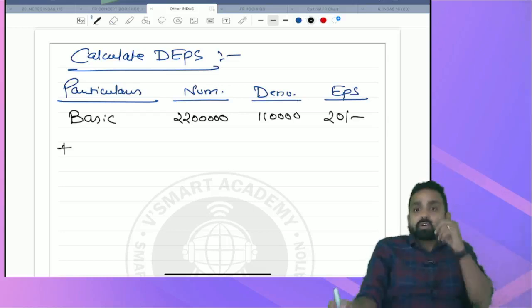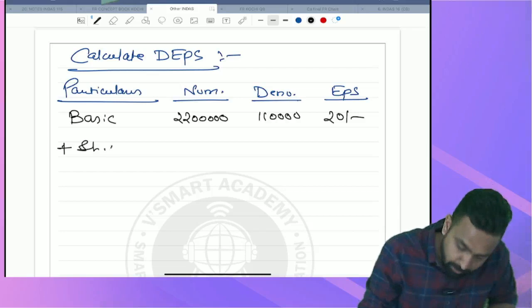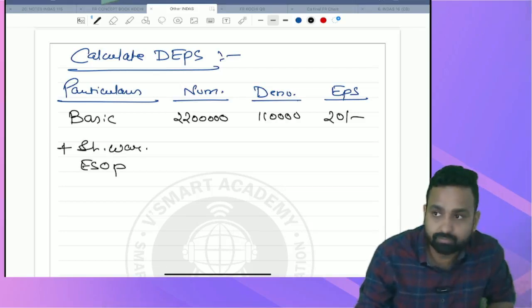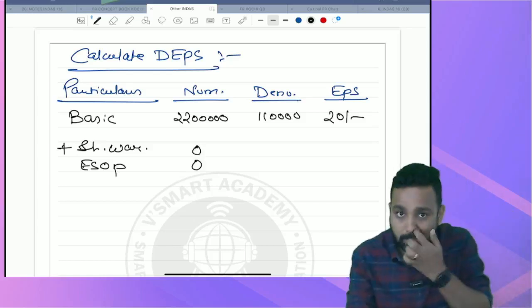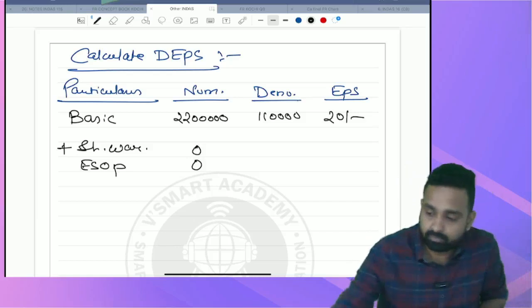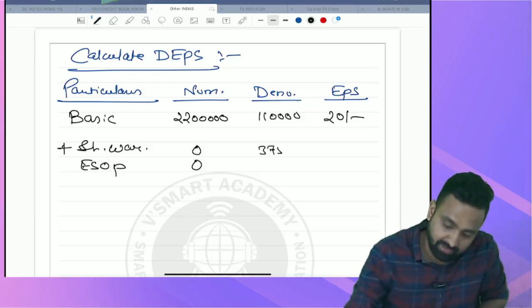Plus, take the first rank. Which one is the first rank? Share warrant and ESOP. What is the numerator? 0, 0. What is the denominator? 3750.